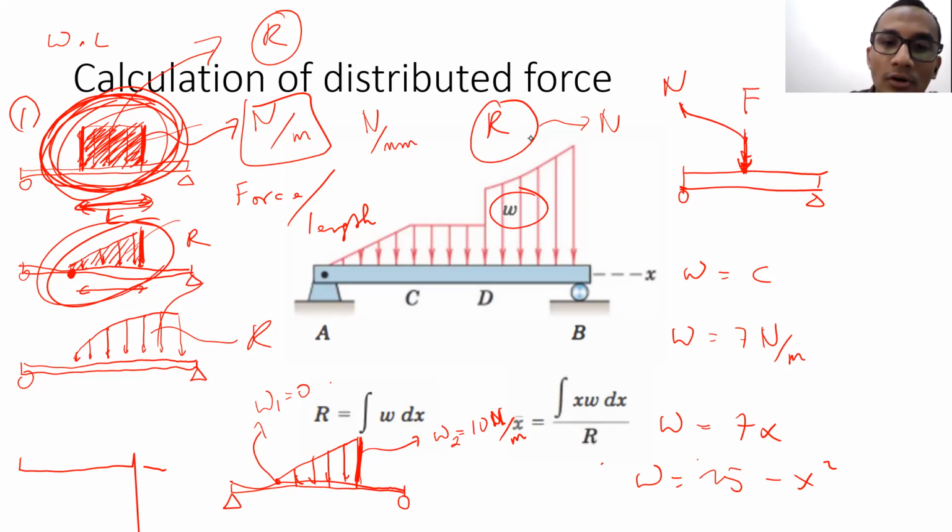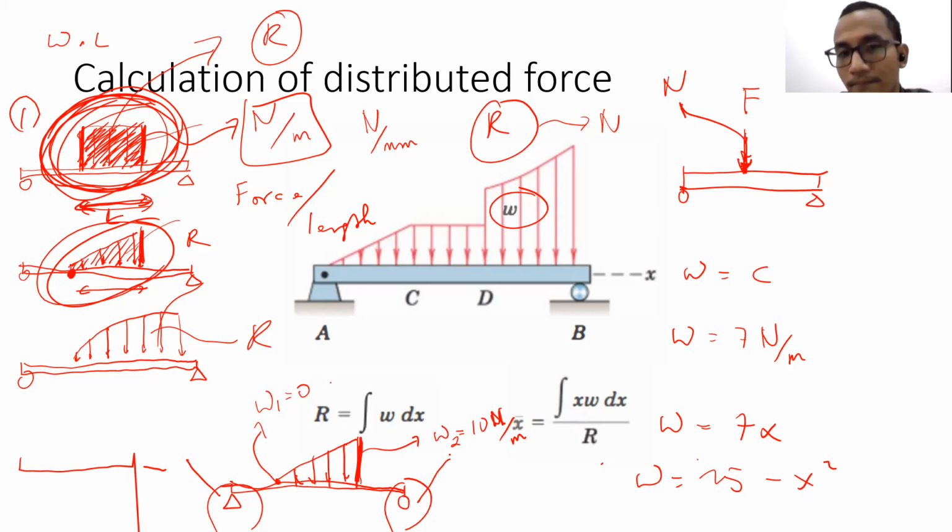But in order for you to calculate the other external forces, for example, at this one and this one, yes, for sure, you have to consider the distribution as well in order to calculate the external force which is happening here and here. Do you get it?